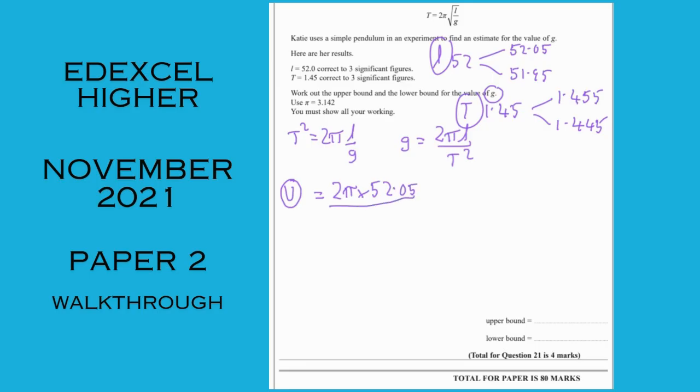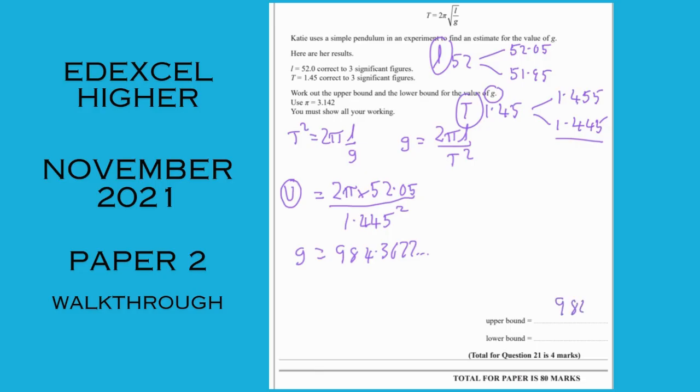And you want to be dividing by the smallest number possible, so you pick the lower bound of T. Don't forget it's squared. If you stick that in your calc, you get 984.3677, and so on. As you can see, it says 3 sig figs, pi is given to 4 sig figs, so 3 or 4 is fine. I've got nearest whole number, which is 3 sig figs.